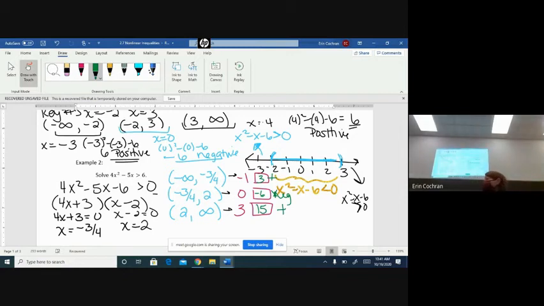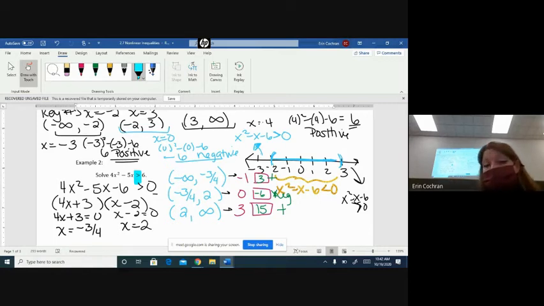So our solution is actually where it is positive. Why? Because it is greater than, right? So we want our values to be greater than 0. If I plug in those numbers, it will always be greater than 0 since we moved that 6 over, right? Since it's greater than.